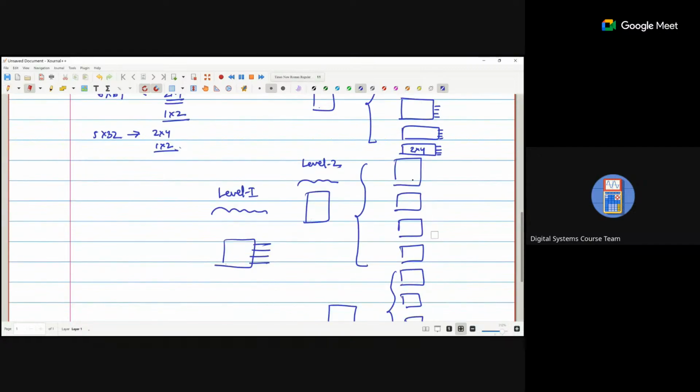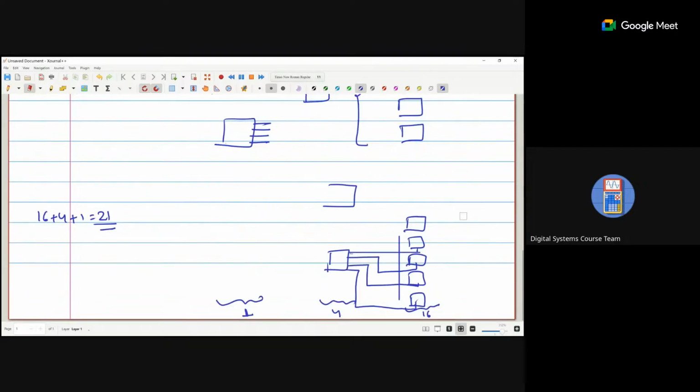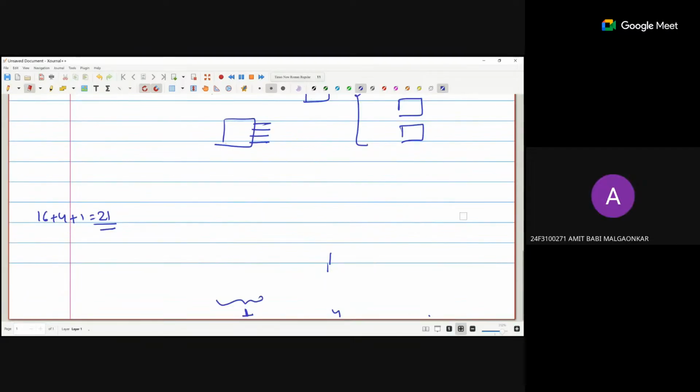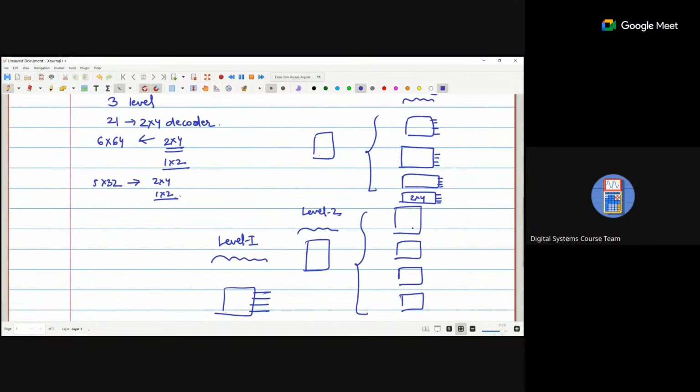Now for controlling the 8 output-stage decoders, we need 2 basically, and each decoder will be controlled by them. This is 2 cross 4 each, because each of these 4-output decoders will be controlled by one line. Now we have to control only 2, so there is no need of a 2 cross 4.